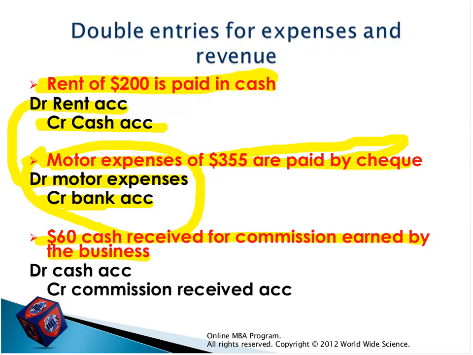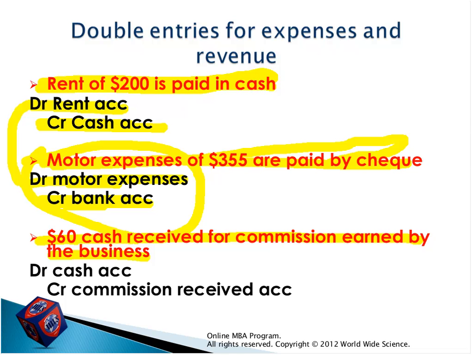We have a business, and now we're receiving revenue, which is commission we received for what we have done for our business. Maybe we're producing some goods or some services, and we receive income of $60 in cash. So how would we show it?